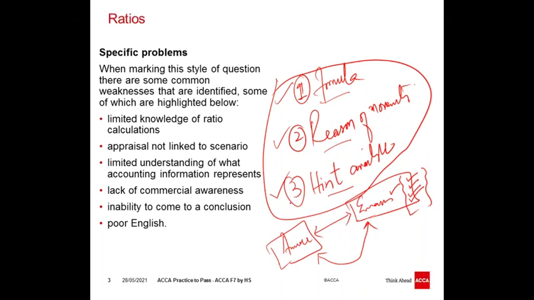Secondly, it's not possible that your answer and the exam kit answer will be 100% matched. It's not a number game. Like if you have calculated the goodwill having a value of 10,000, when you go back and check the answer, it will be 10,000. You are used to matching the 100% answer, but for ratios questions, it's not possible.